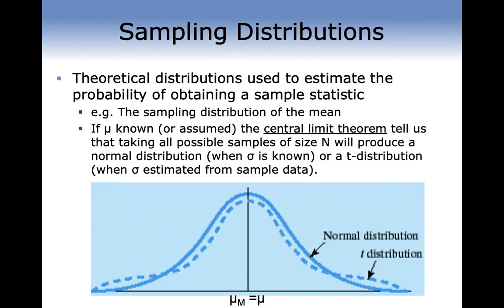If mu is known, remember that mu is the population mean, or if we can assume what mu is, we can have a logical value for what the population mean should be.